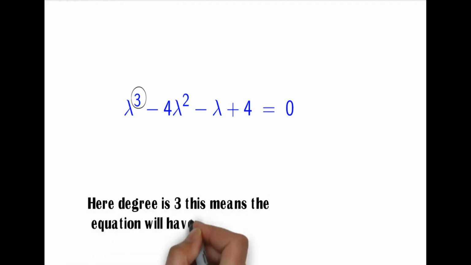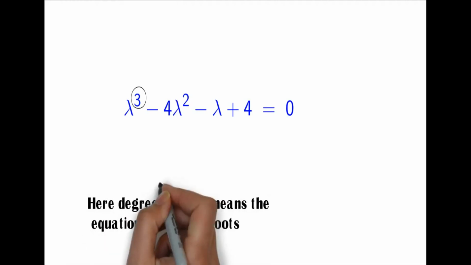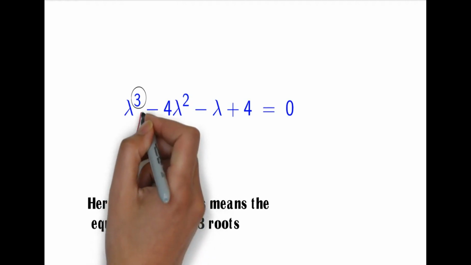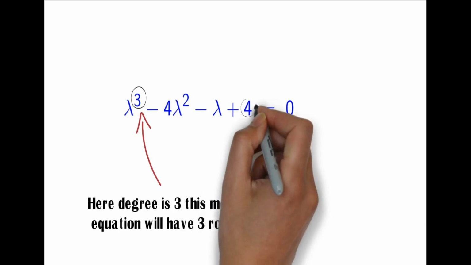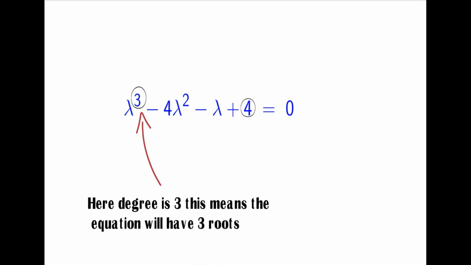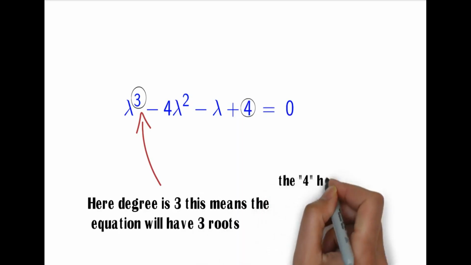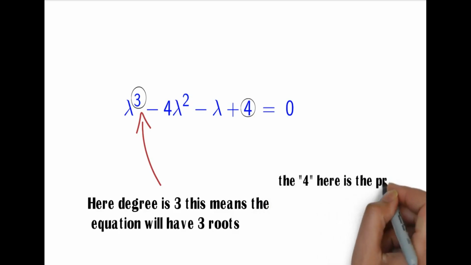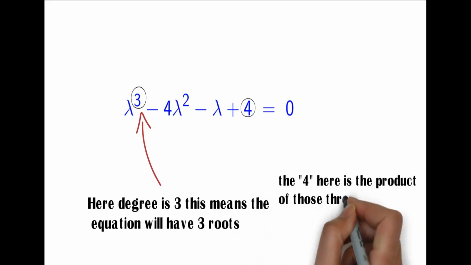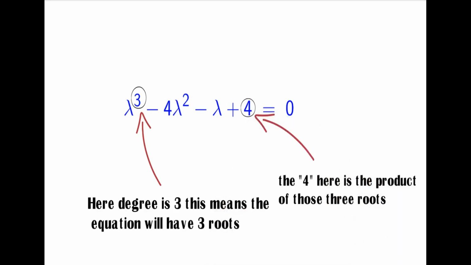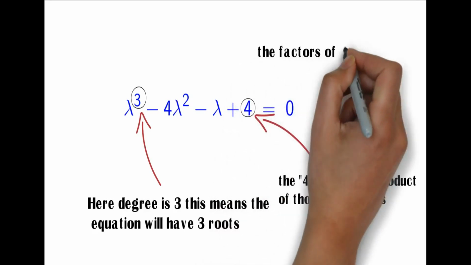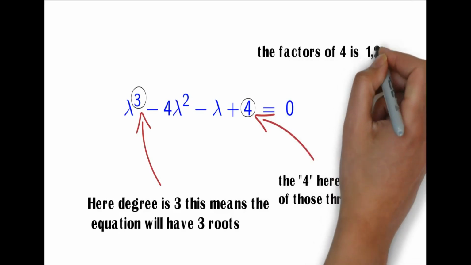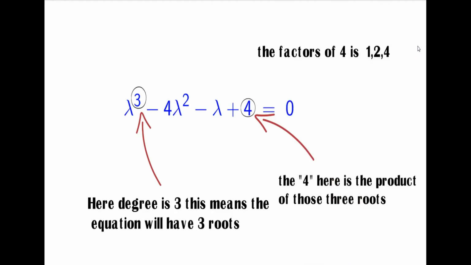In the equation lambda cube minus 4 lambda square minus lambda plus 4 equal to 0, degree is 3. This means that the equation will have 3 roots. The 4 here is the product of those 3 roots. The factors of 4 are 1, 2 and 4.